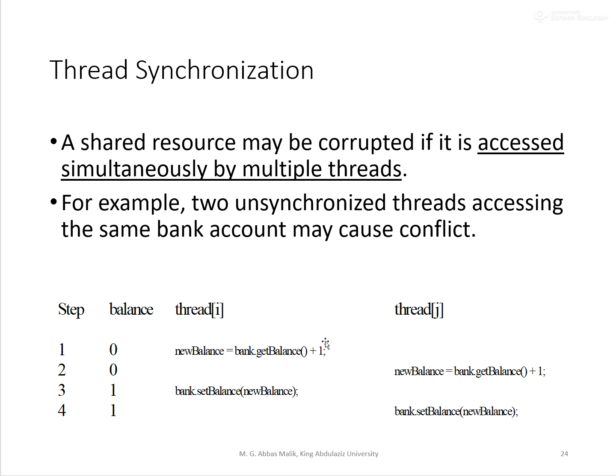Now, the problem is that although we did 1 increment over here in this thread and 1 over here, both threads added 1 to the same value of the balance. And what ends up happening here is that instead of seeing, as we would expect, an increase of 2 in the account balance, we will see an increase of only 1.